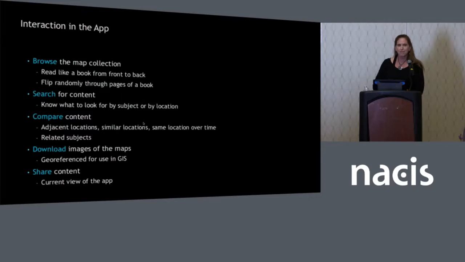And the app for this collection of maps is a little different because as we saw with the USGS quad sheets, and if you're familiar with quad sheets, almost any quad sheet series, a lot of the maps do overlap because they are the same area at different points in time or at different scales.